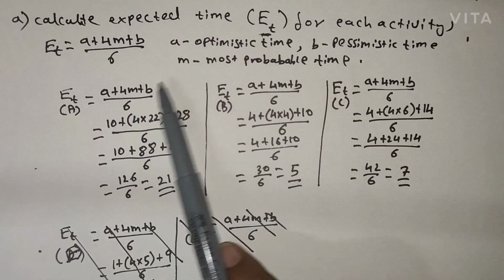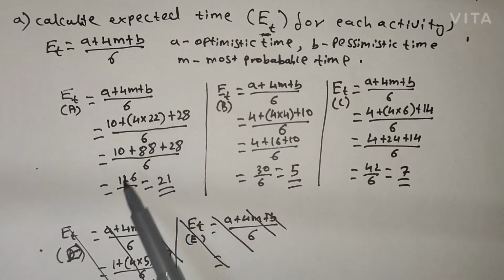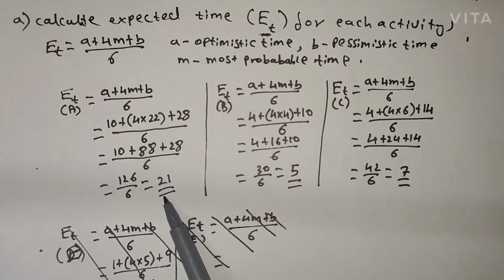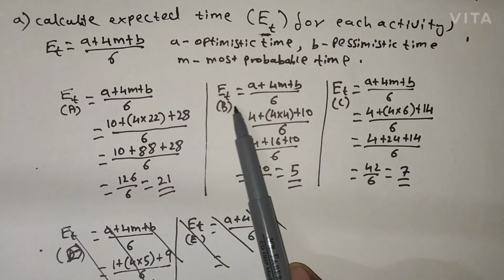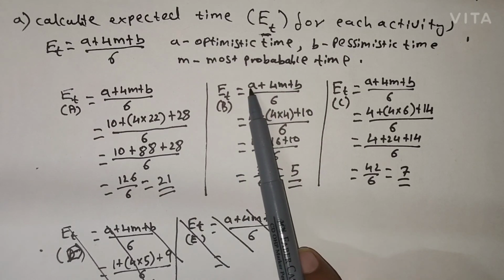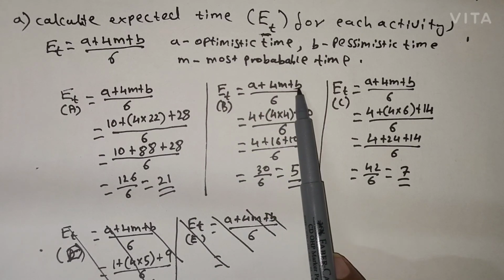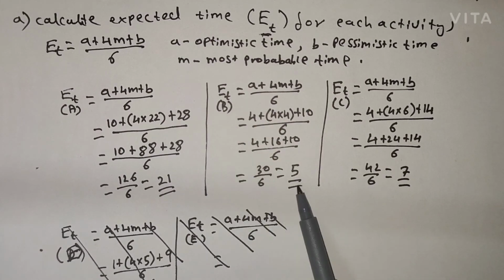We put this formula for activity A, and we got an expected time of 21. We put the same formula for activity B, substituted the values of optimistic, most probable and pessimistic time, and we got an expected time of 5.